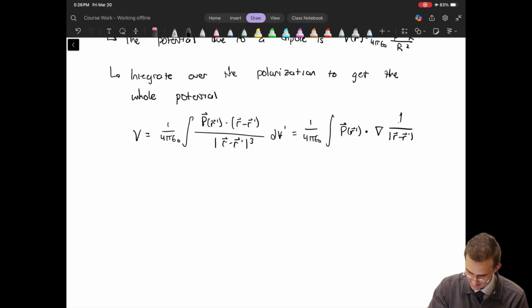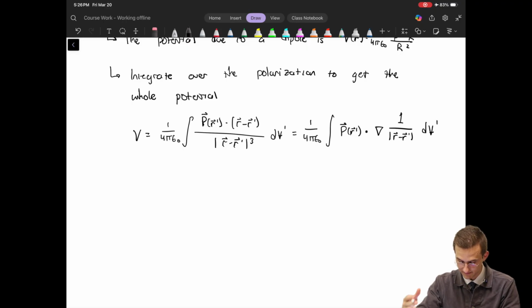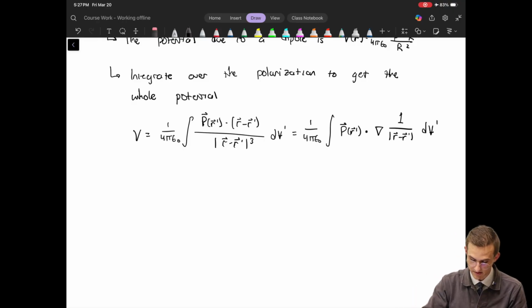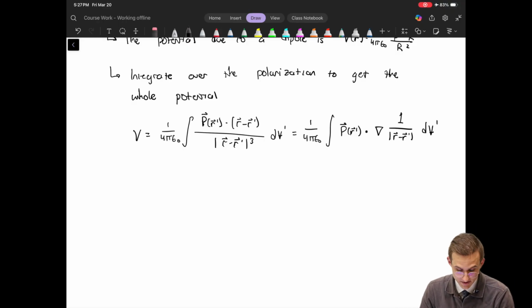That's just a vector calculus fact that you can prove to yourself. I'm sure the people who have taken some upper division physics courses have probably already seen this variable substitution, but I'm just doing it here.